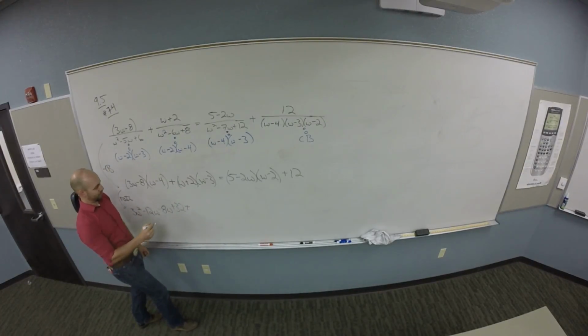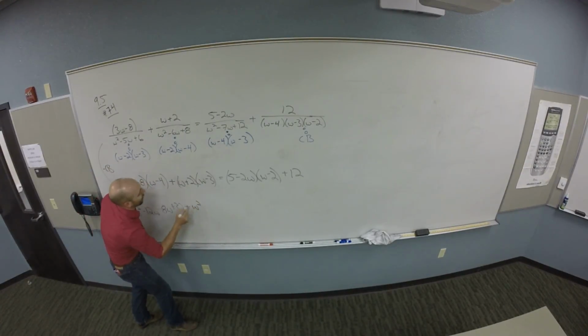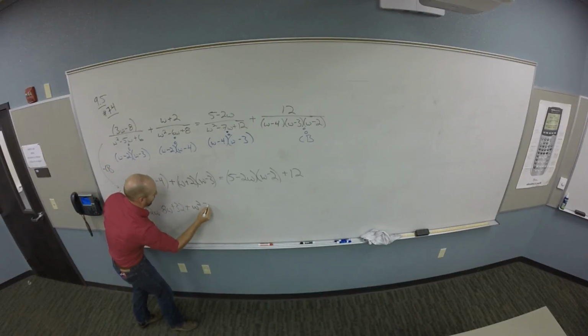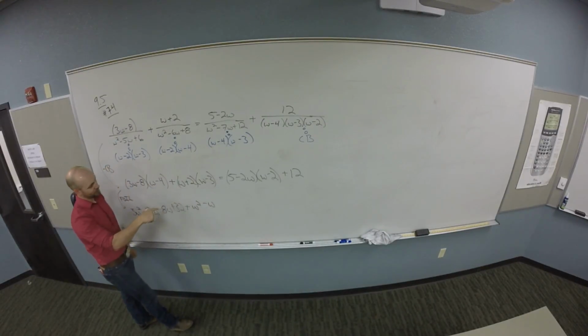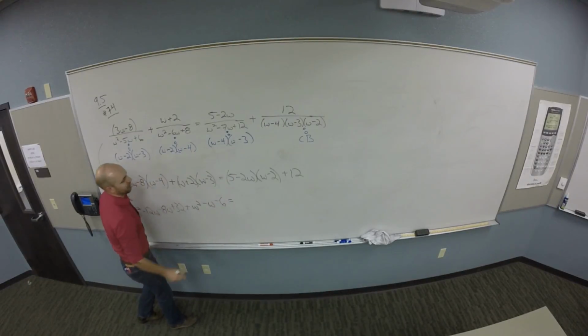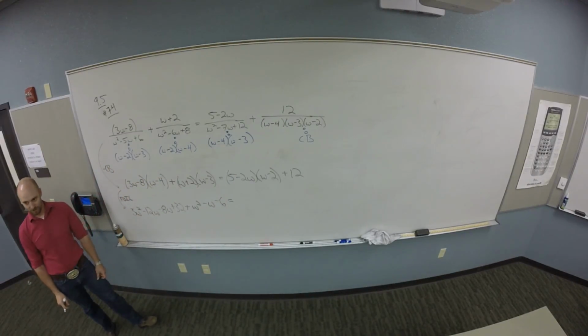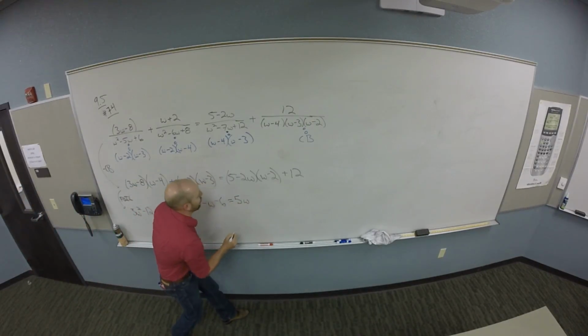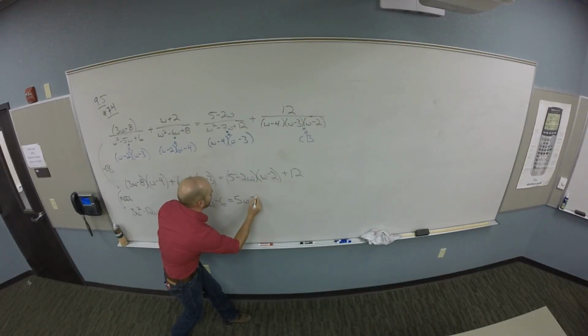And w minus 3w. Let's just say minus 1 minus w. Okay, right. Minus 3w plus 2w, and then minus 6, and that's going to equal 5w plus 2w squared.